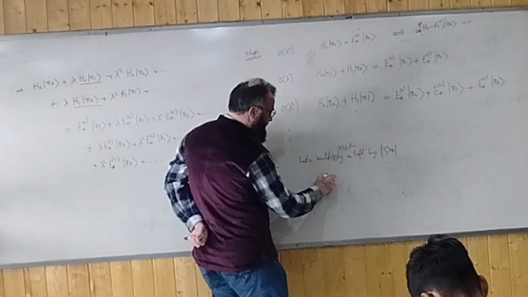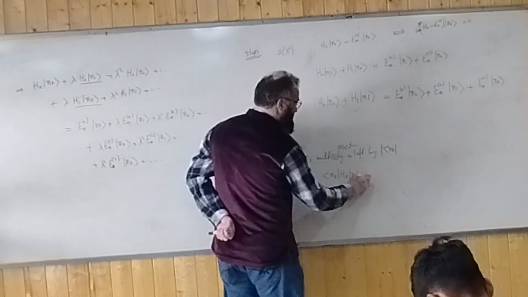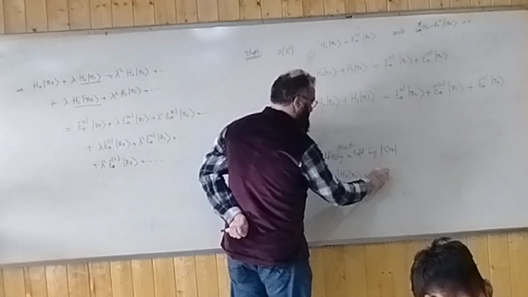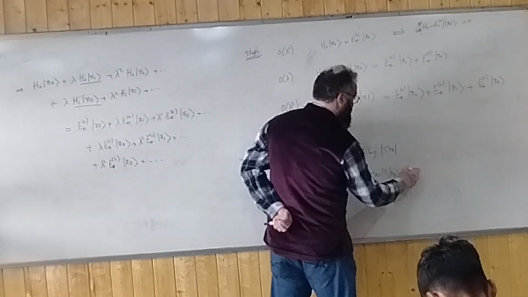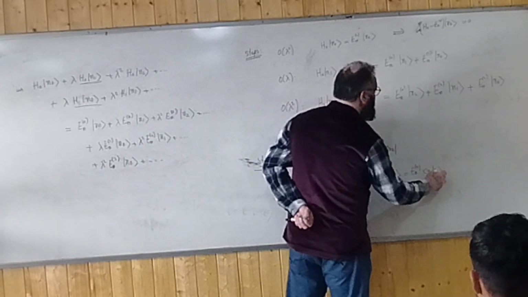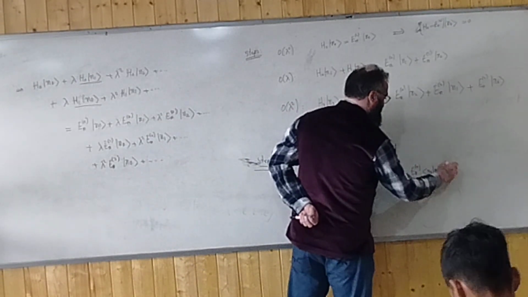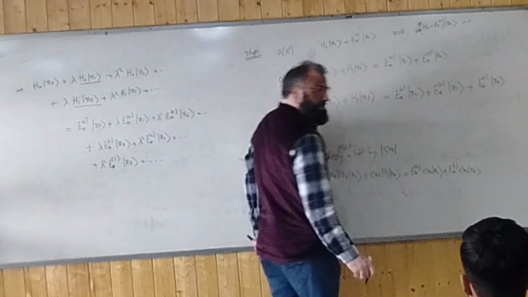What does that mean? You are having <n0|H0|n1> plus <n0|. If anybody is not understanding, just tell me. So be careful when you write these equations. Got it?